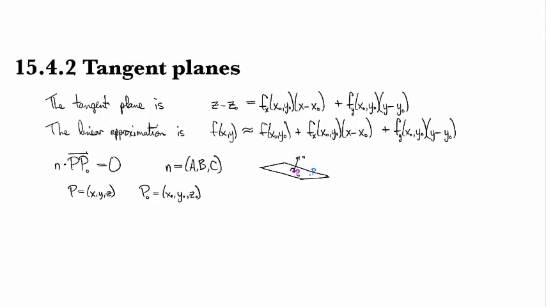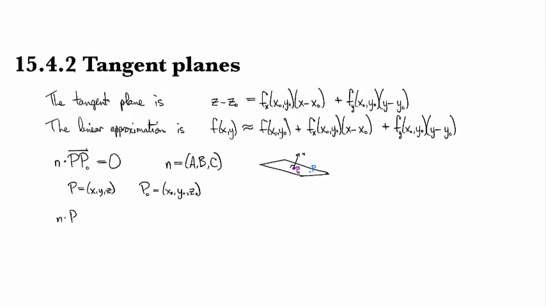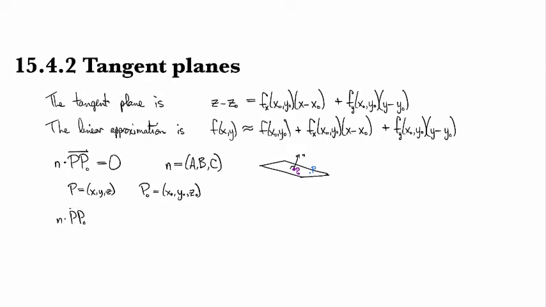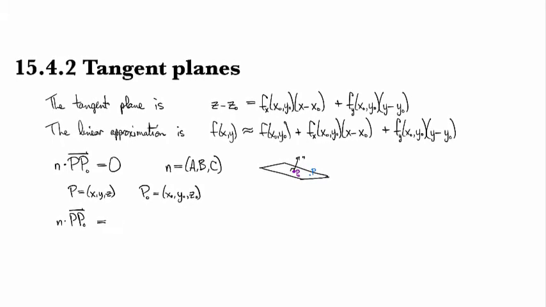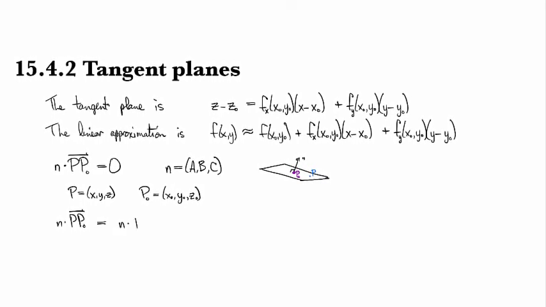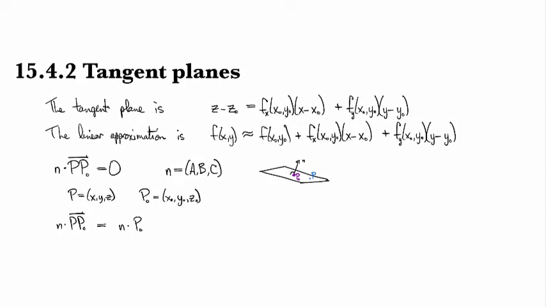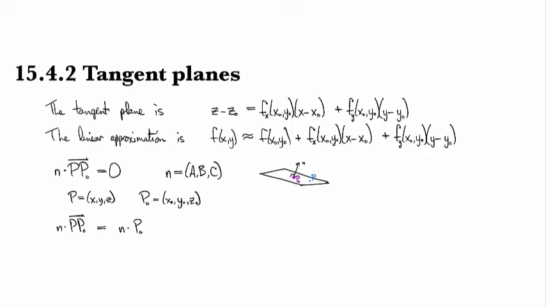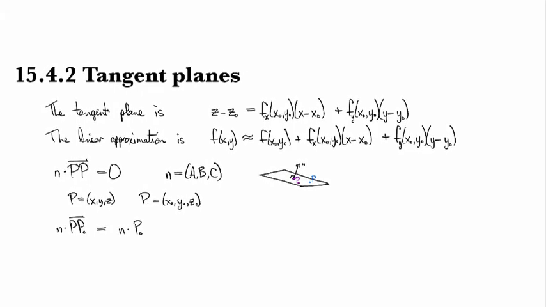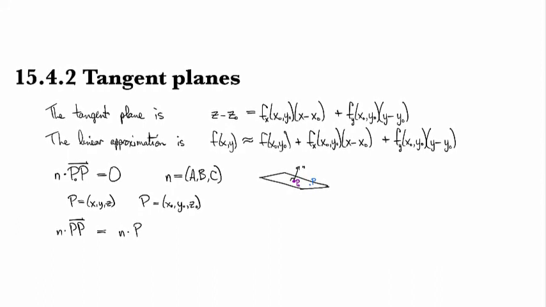All right, so if we look at n dot P minus P naught displacement, this is the same thing as n dot, oh, whoops, silly me, I put the 0 on the wrong one. There we go.